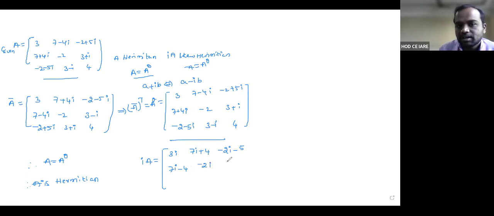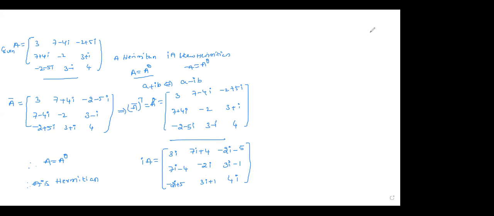Next 3 plus i, so 3i minus 1. Next minus 2 plus 5i, minus 2i plus 5. Next 3i plus 1, 4i. అంతేనా ఒకసారి i తోటి మల్టిప్లై చేస్తే ఏదైనా వస్తుంది? Yes, sir.